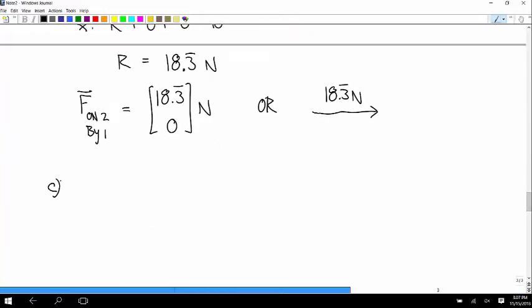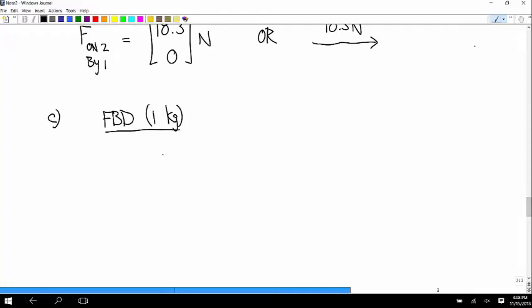So part C. Now we're going to do a free body diagram of the 1 kilogram cart. There's a weight force down that's equal to the mass of our system, 1 kilogram times 9.81, so that's just 9.81 in this case.